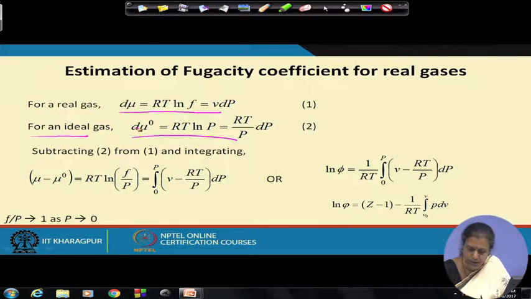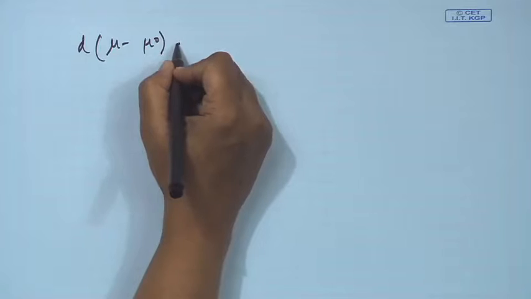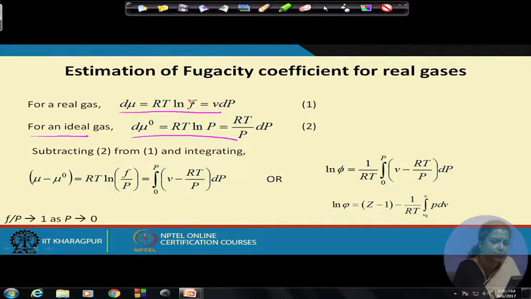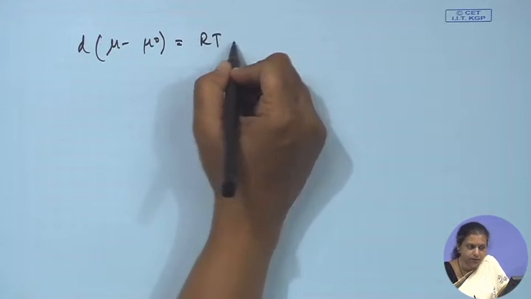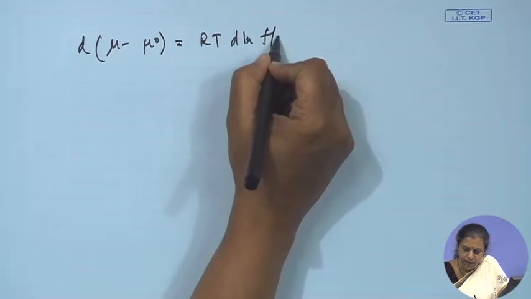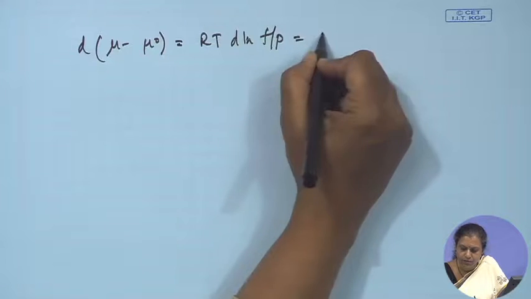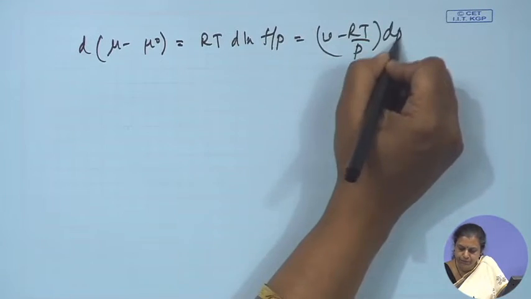I get d of mu minus mu 0 equals each and every term. I subtract these two terms, these two terms, these two terms. Therefore, this gives us R T d ln f by p, which is nothing but phi, and this equals V minus R T by p dp.